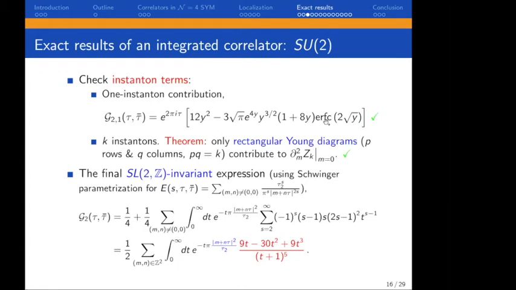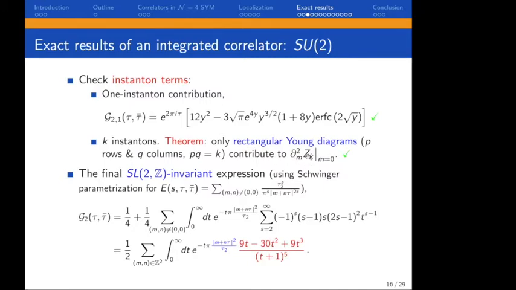As for the k-instanton, as I mentioned, the localization computation for arbitrary k is rather complicated. However, we are only interested in the k-instanton when you expand in small mass at order m squared, because we want to take two mass derivatives and set the mass to 0. This function is even in mass, so this is the leading order in the small mass expansion.